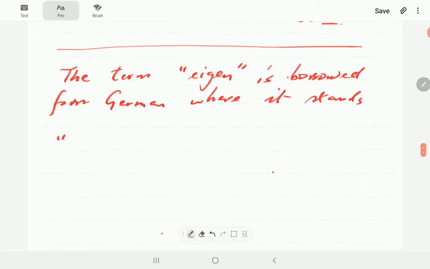In that case, own, so eigenvector is like its own vector.